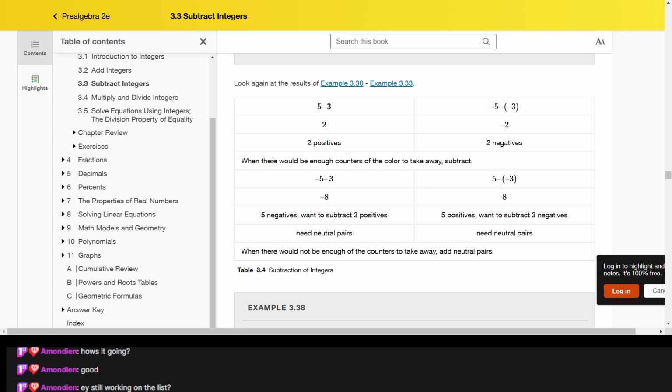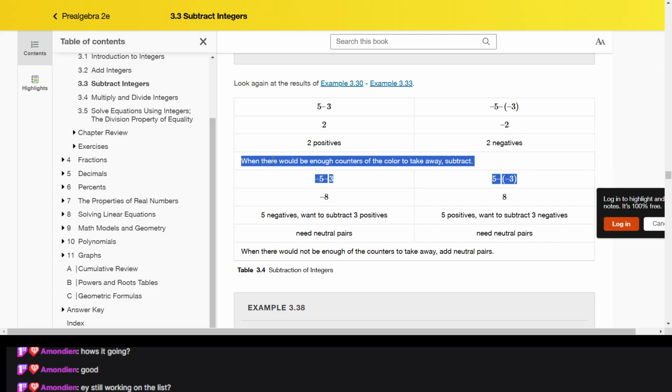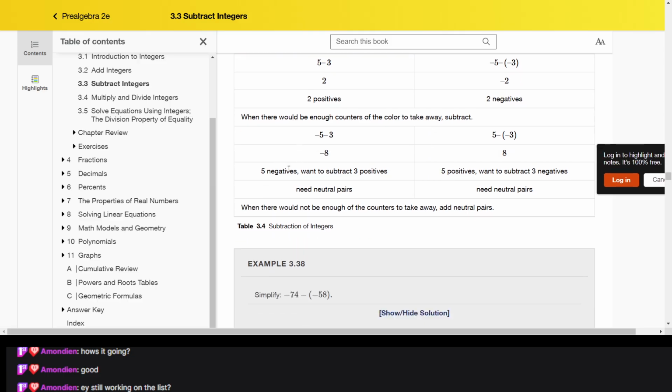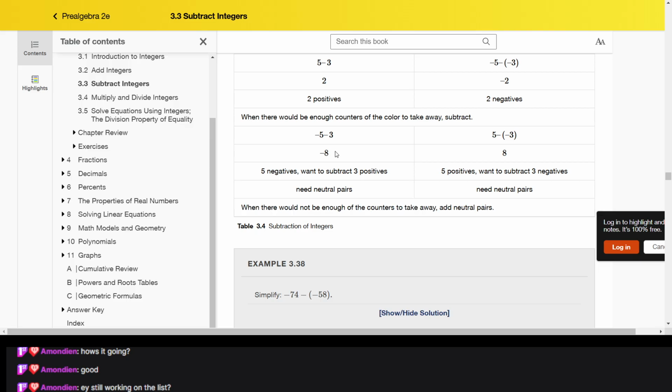Two negatives. When there are enough counters of the color, take away, subtract. Two positives. When there are not enough counters to take away, add neutral pairs.